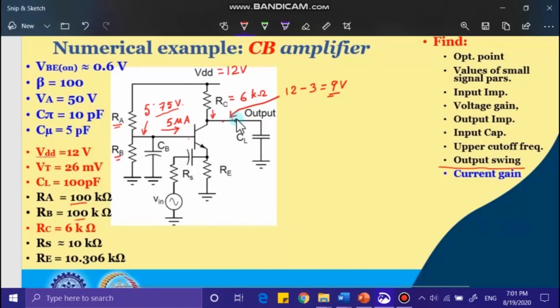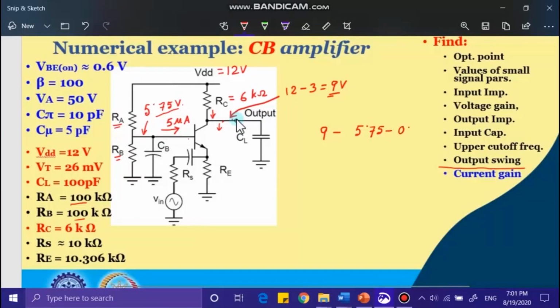So the amount of signal swing we can tolerate here is 9 volt, the DC, minus 5.75 minus the little forward bias we can tolerate, which is 0.3.